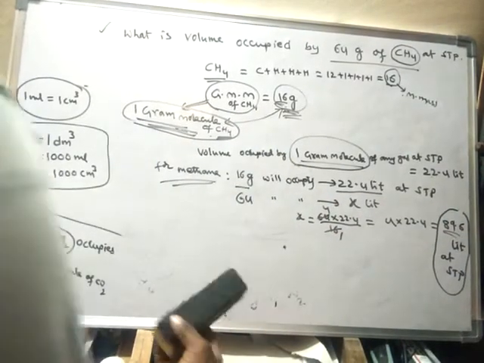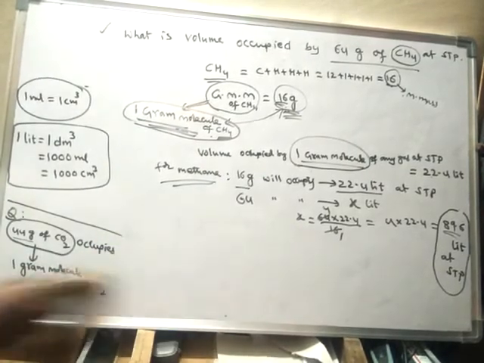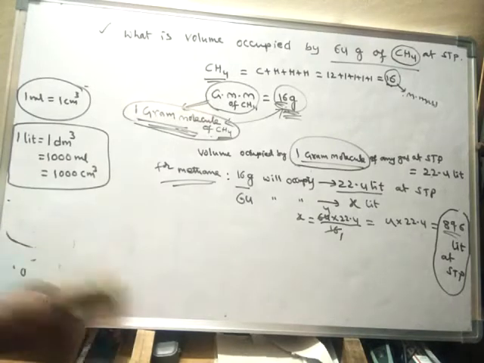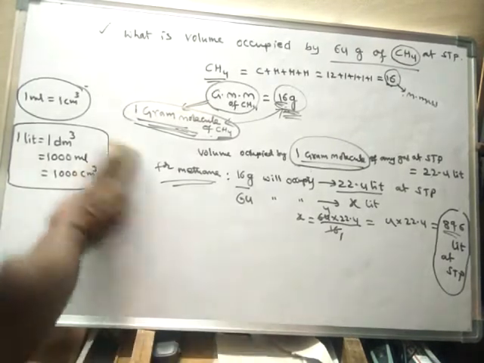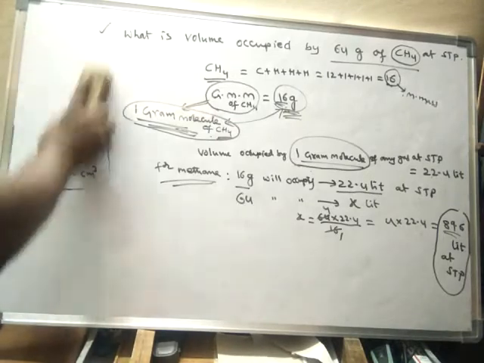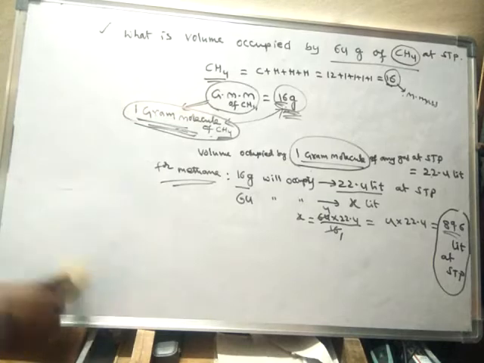So like this the calculations will go. If you learn this calculation, then you can solve the large size problems also. So these are the fundamental things. So practice these things well.